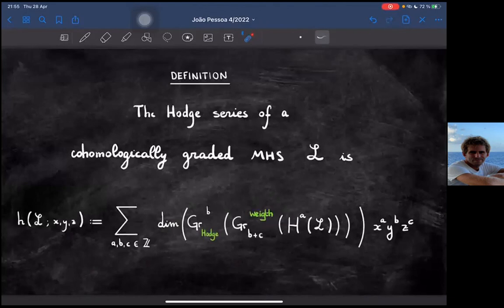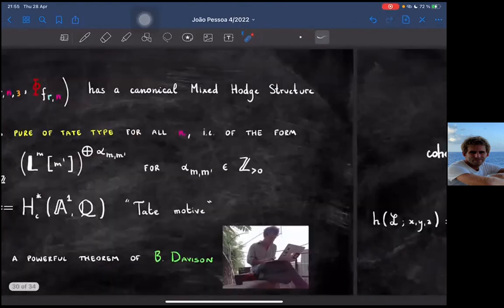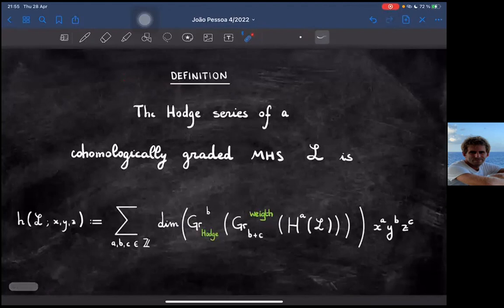Okay, so the last invariant for today is the Hodge series. If you have a cohomologically graded mixed Hodge structure, such as this thing, you have two filtrations, one increasing and one decreasing.